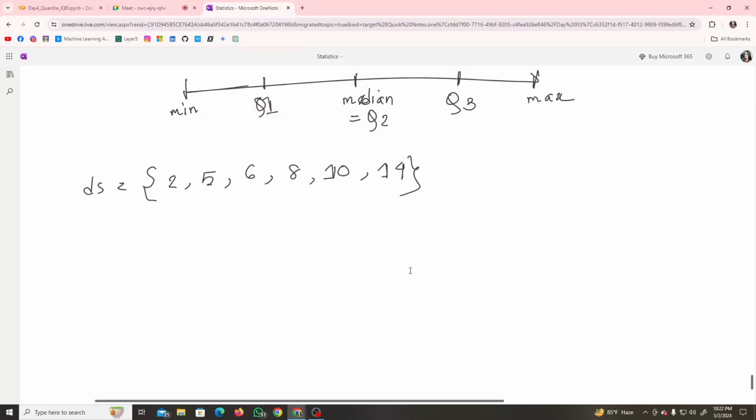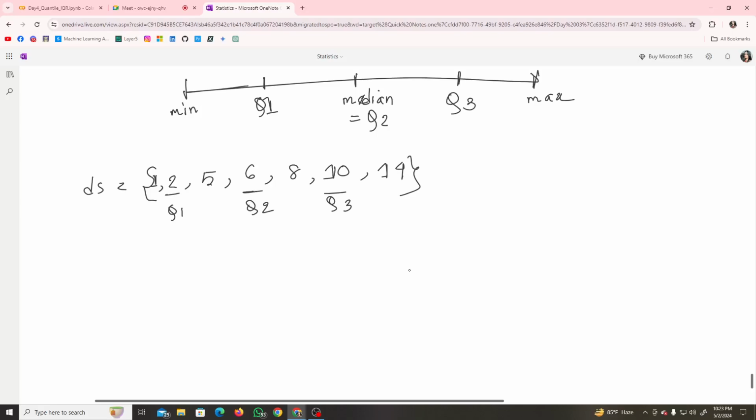Okay, so in this data set, if we divide this into 4 parts equally, suppose two, three, four, five, six, seven, Q3, 6 is your Q2.